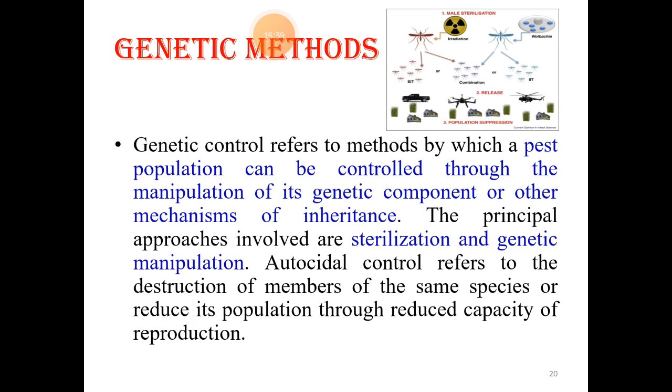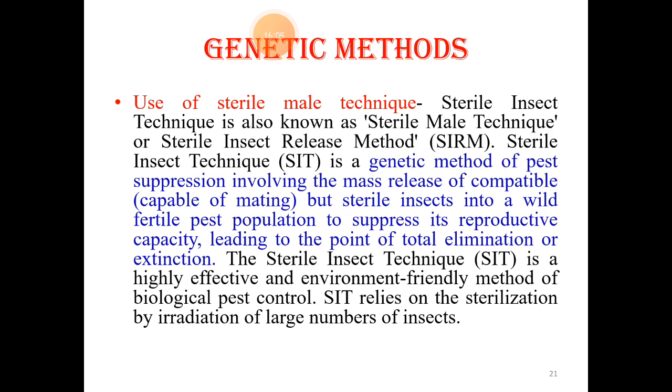The next method of IPM is genetic control methods. Here, the genes are manipulated to induce sterility in the insects. So, we are going to bring in sterility in the insect population that will affect the inheritance mechanism or pattern in them. One important sterility technique induced in the pest population is the sterile male technique.